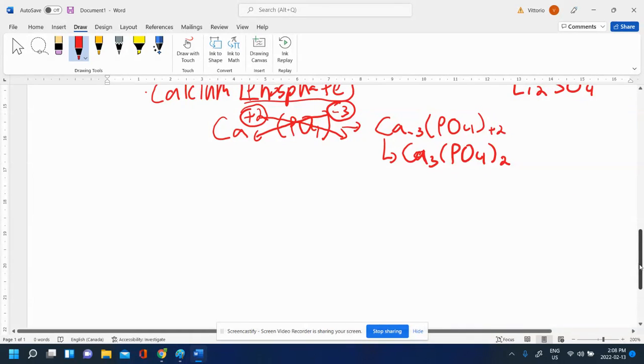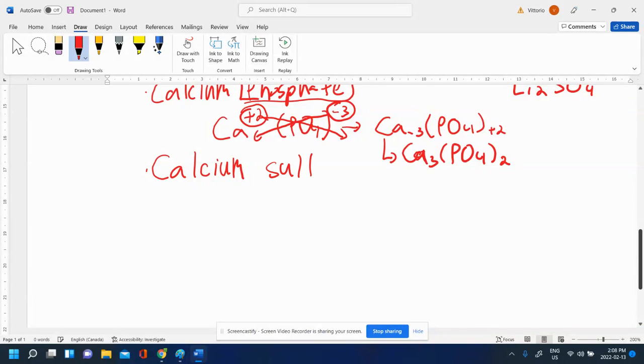Let's try another example. We'll stick with calcium again to keep it nice and simple. Calcium, and then we'll go with sulfate. Calcium sulfate. I know this is a ternary ionic compound because it ends in "ate", and most of my polyatomic ions end in "ate". There's a few exceptions. Take a look at your reference table. So calcium sulfate.